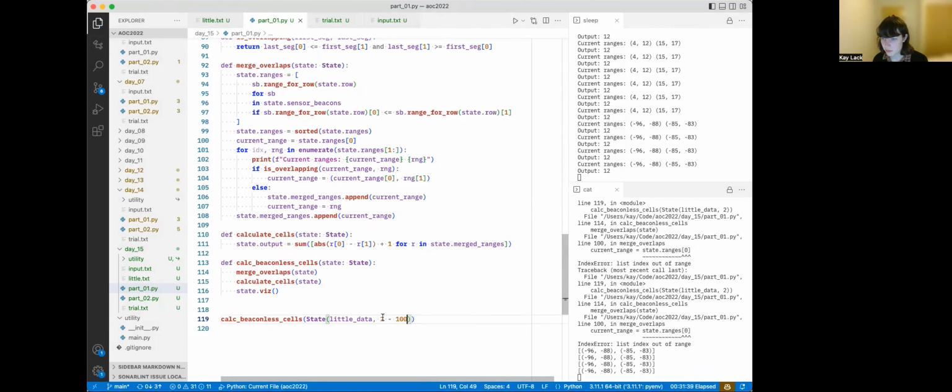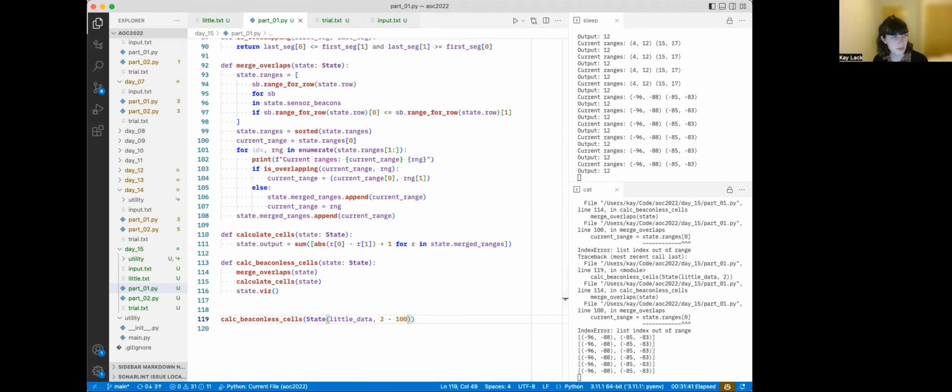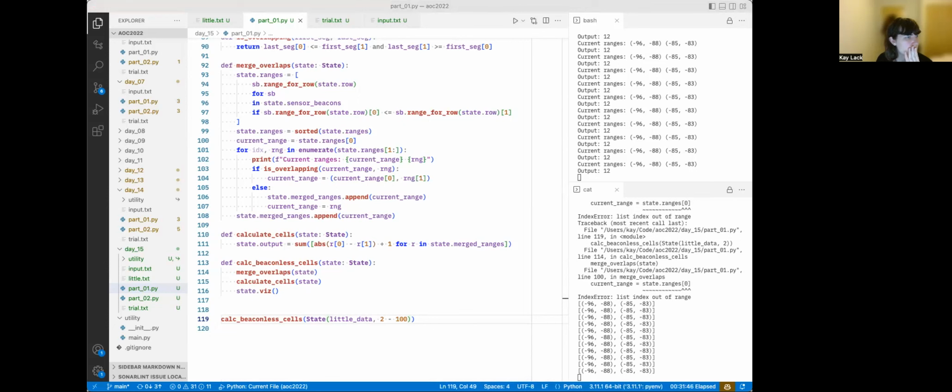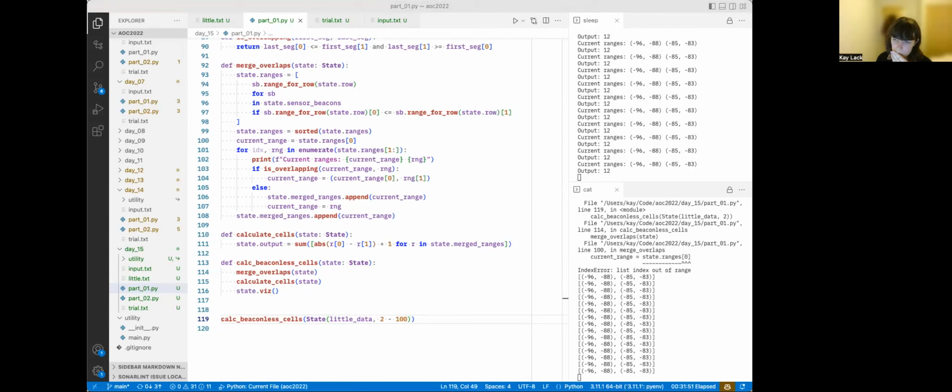That's still right. What could be wrong here? It's too low. We're underestimating it.